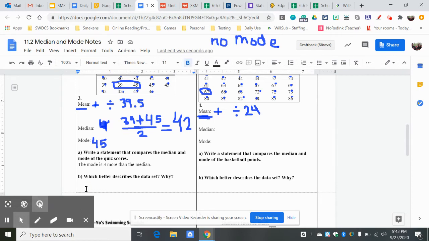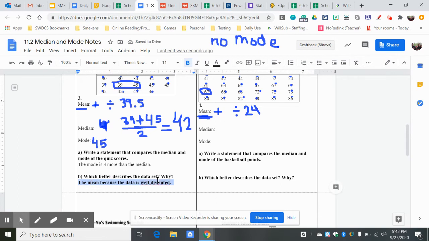On this one, it would be the mean because the data is well distributed. It means that there are no numbers that are really high, there are no numbers that are really low. I'm not spelling distributed correctly. Sorry. So that would be my answer. Now in this case, we would use the mean if I had to pick between these three because all of my numbers only range from 30 to 45, and the best one I could use is the mean.